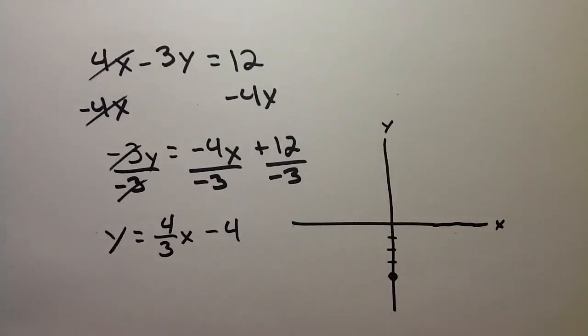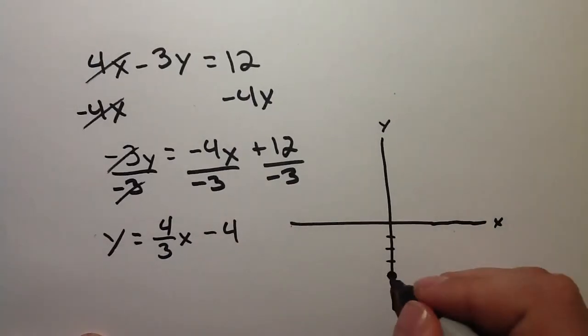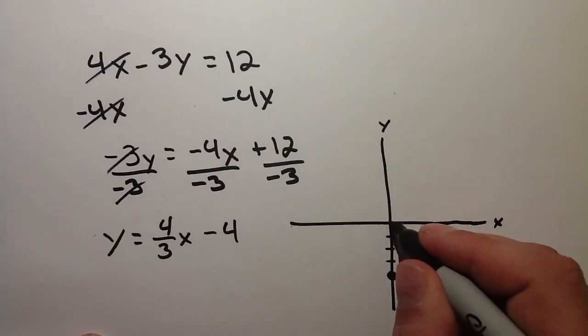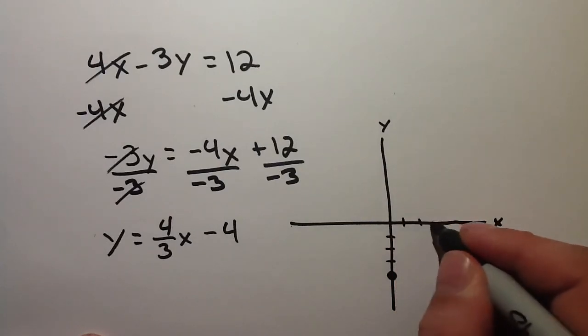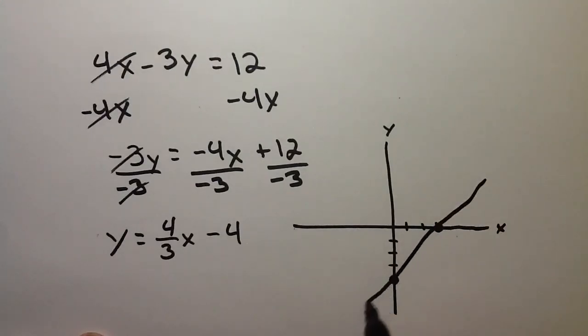That is my y-intercept. This time I have a positive 4 over a positive 3. So I rise 4, 1, 2, 3, 4, and run positive 3, 1, 2, 3. Plot that point. I draw a straighter line than that, but we draw ourselves a nice straight line.